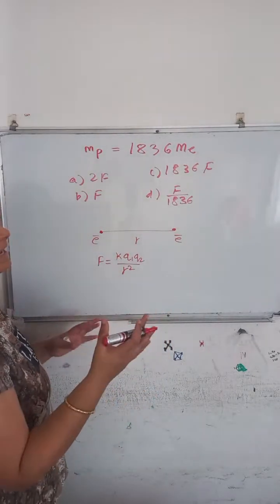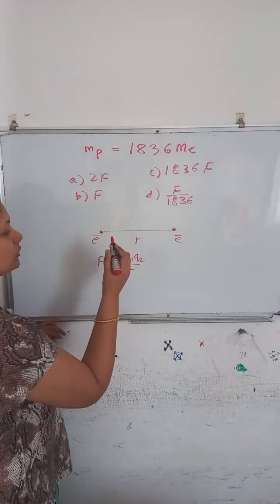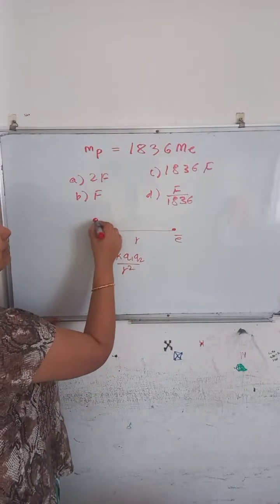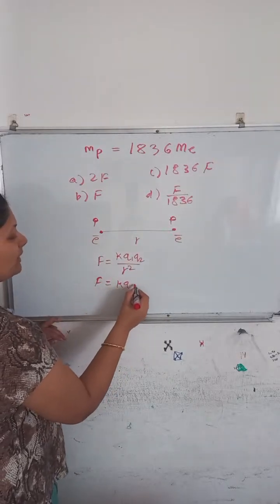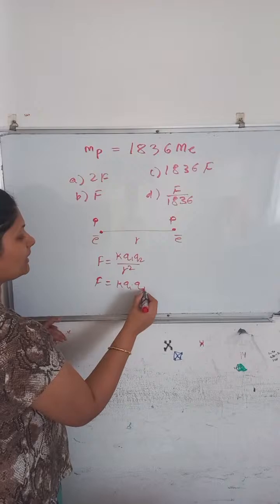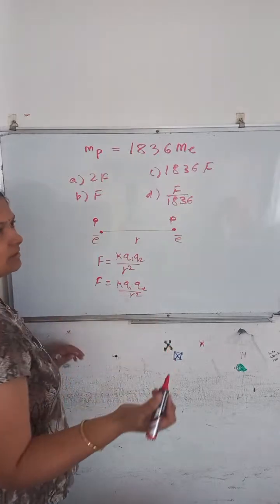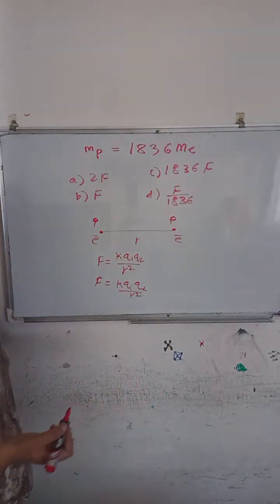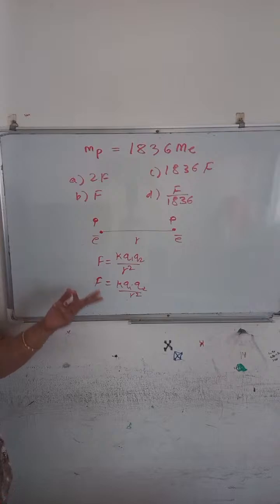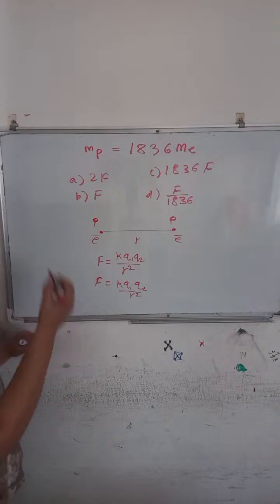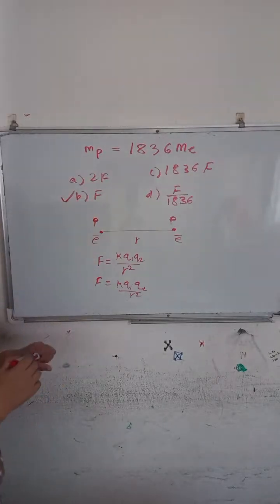Here we are not considering mass. So if we keep protons over here, then force F is equal to K Q1 Q2 by R square. The distance will remain the same. There is also a force of repulsion because both are protons, so the force will remain constant, there will not be a change. So option B is the correct option.